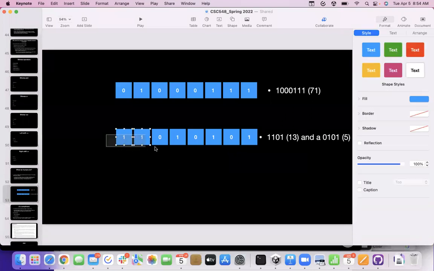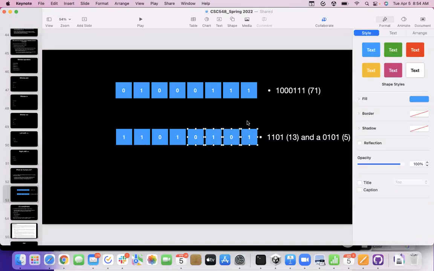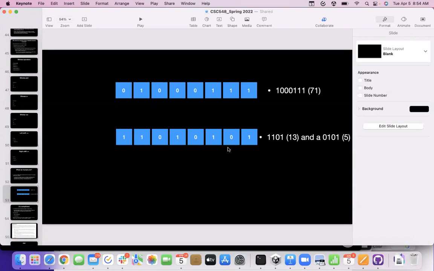So here is my 13. Here is my 5. We're not going to worry about how we got those numbers in there. But now I have this 8-bit register that happens to hold 2 numbers.